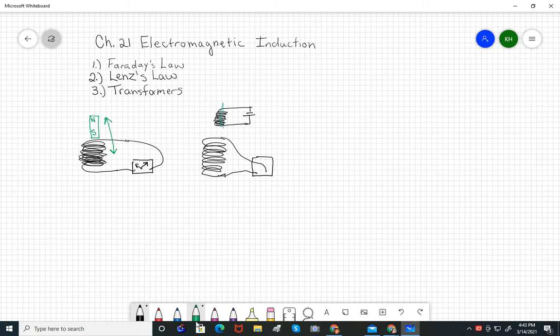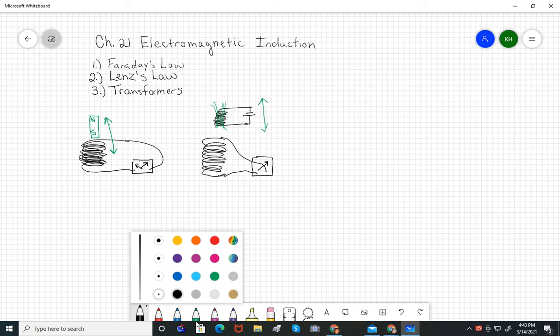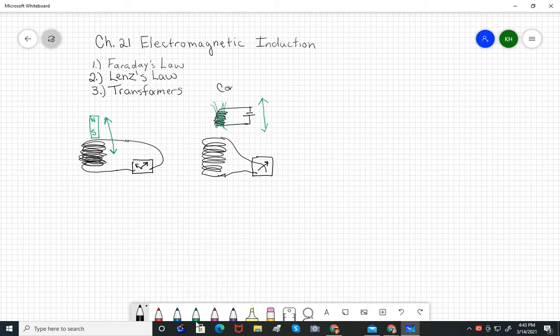We have all these magnetic field lines like that of a bar magnet. And if we move it back and forth where it's getting towards and away from that coil, we will also generate a current, cause that needle to move. Okay. This particular example, if we have a battery, we're going to have a constant current, which we have up to now and will continue to represent with a capital I.